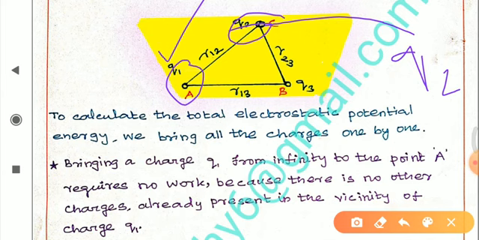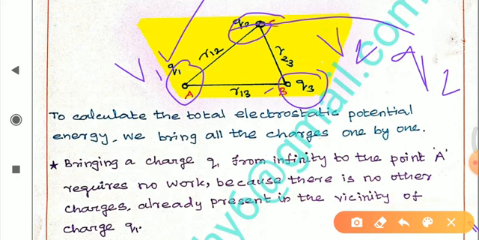If the third charge is brought from infinity to that point, the work done should be against the potential produced by the charge q1 and also against the potential produced by the charge q2. So to bring the third unit positive charge, more work has to be done, because it has to overcome the repulsive force, the electrostatic force produced by the 2 point charges.